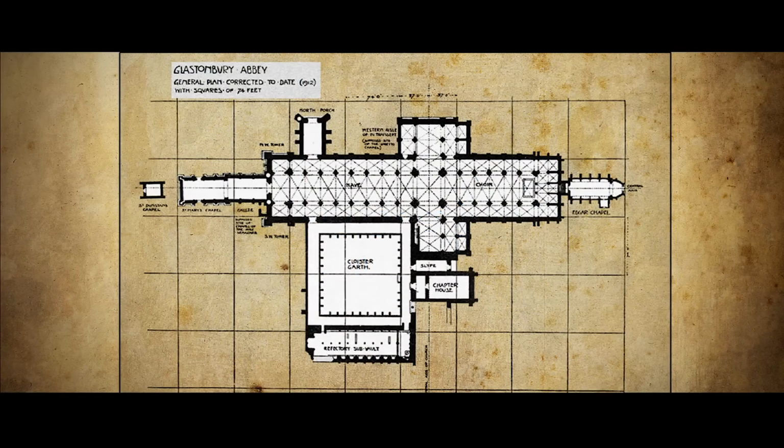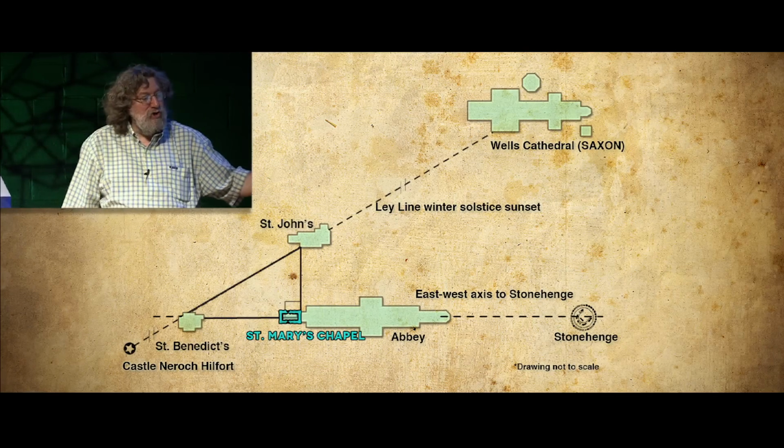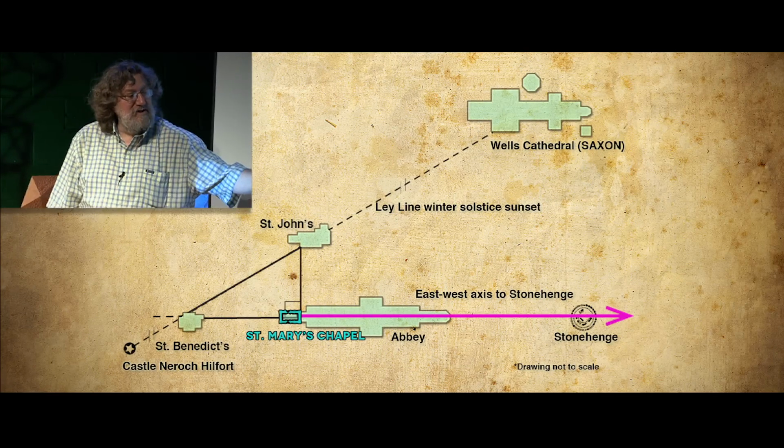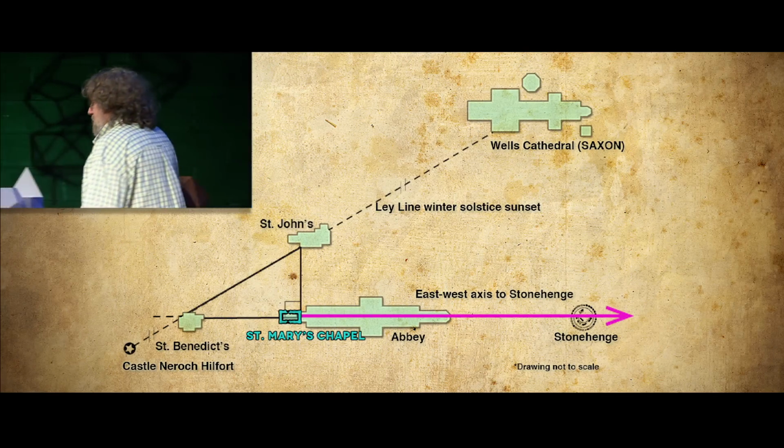Also, if we look at the ground plan of the Glastonbury Abbey, and here's the chapel, which has the 68.6 times 39.6 dimensions, it happens to be on a line of latitude that if you project due east, it pierces the center of Stonehenge.